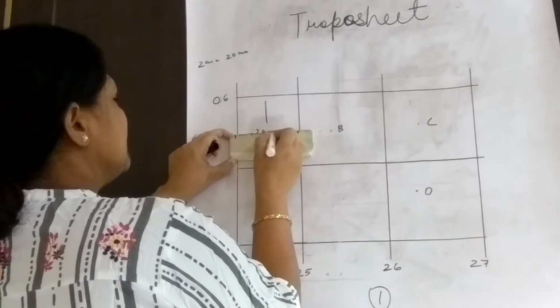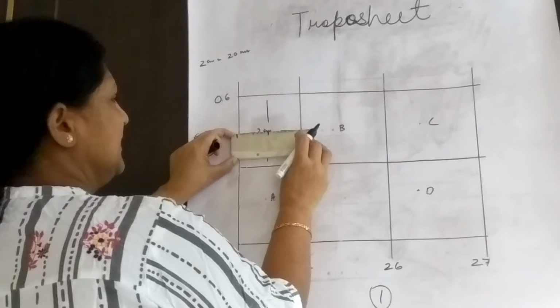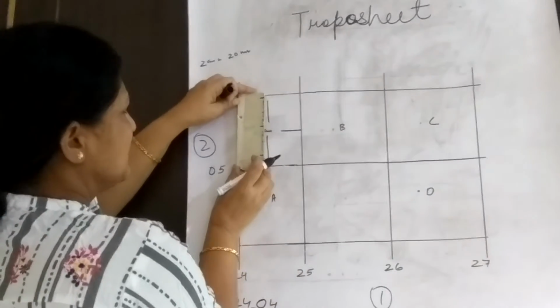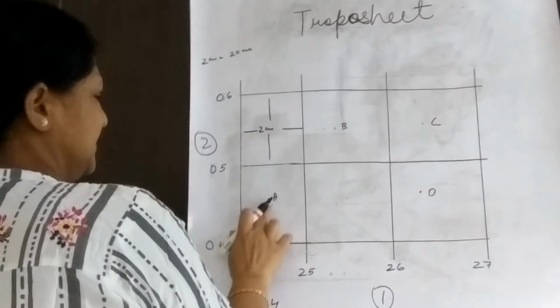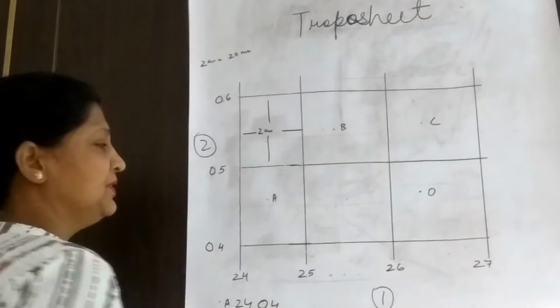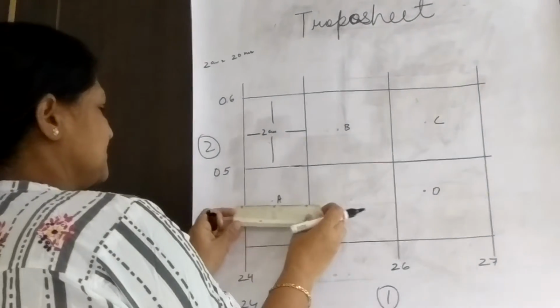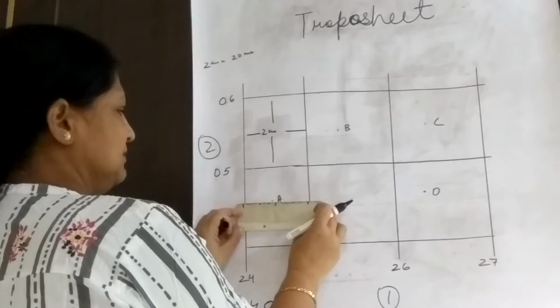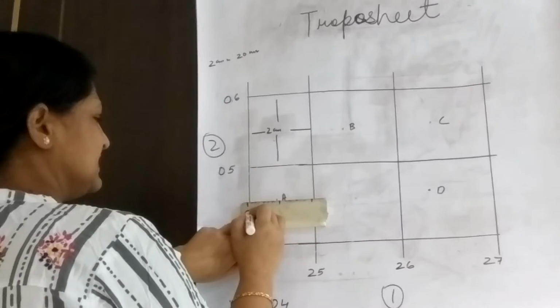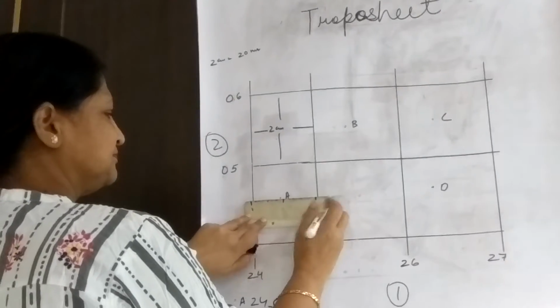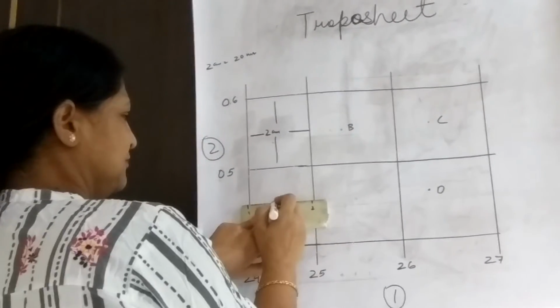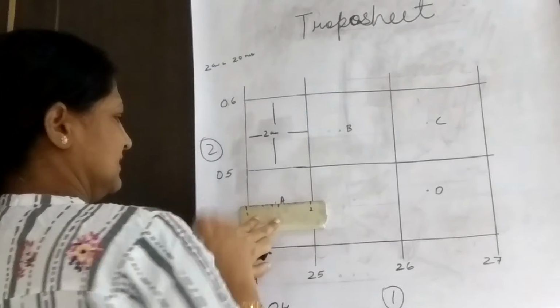When it exactly comes to 2 centimeters, we take it, and similarly we will also measure this distance. Now take point A as an example. We keep our scale exactly on 2 centimeters. See, it was coming exactly on 2 centimeters. Now this point was coming somewhere on this line.